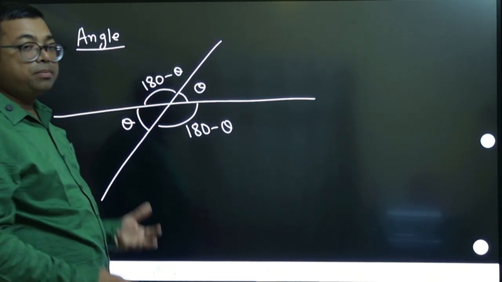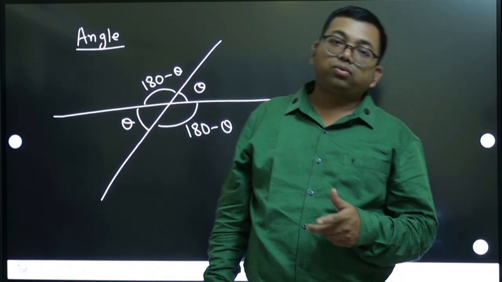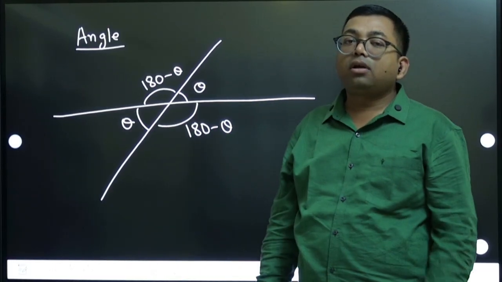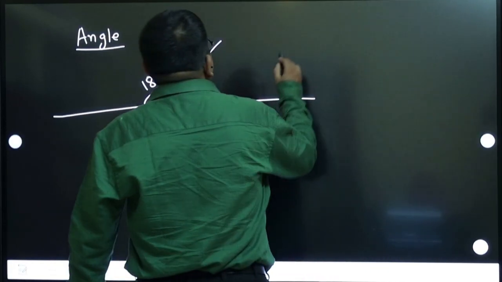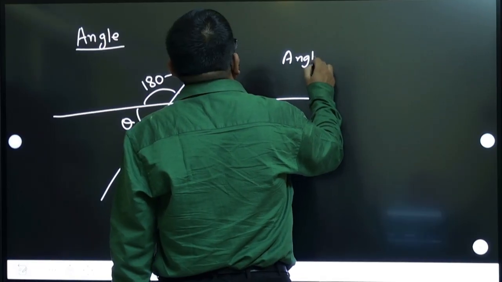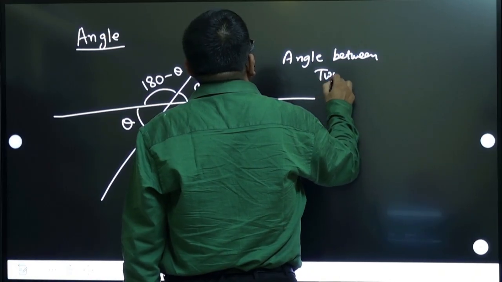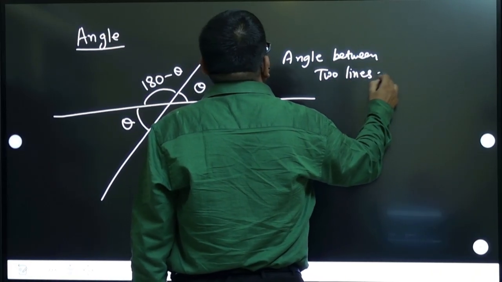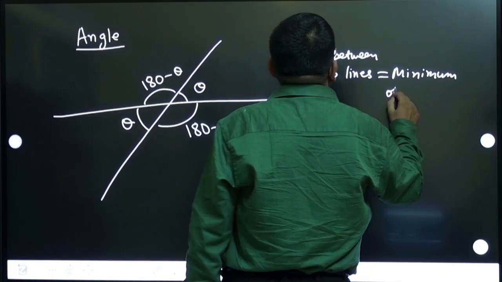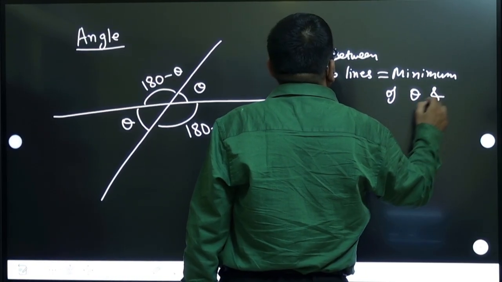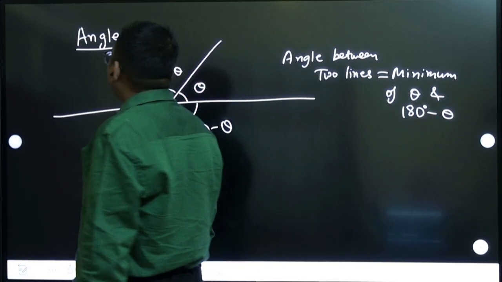Which is the angle between the lines? The angle between the lines is the minimum of these two. Both angles can be defined, but we define the minimum of these two angles. Okay. So the angle between two lines is the minimum of theta and 180 degrees minus theta. The minimum of this we consider as the angle.